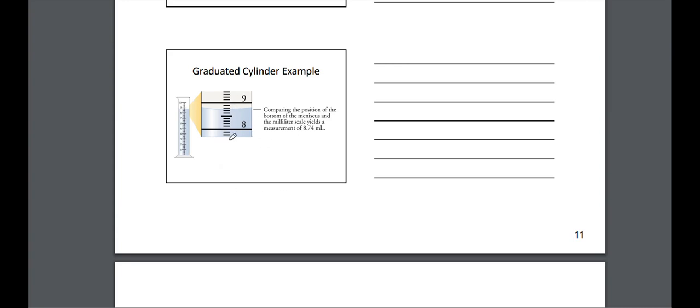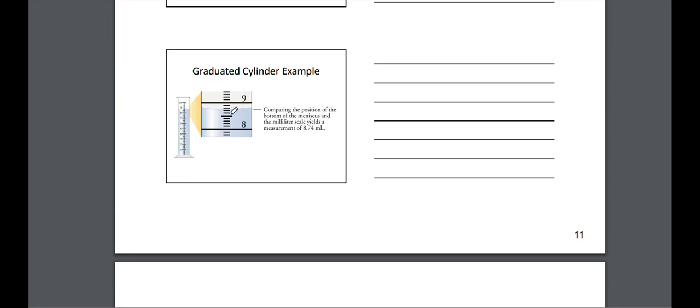So when I'm trying to read this meniscus right here, I can say with a high degree of reliability, since it's sitting between 8 and 9, it has not touched the 9 mark, that it is going to be 8 mL, correct? So my 8 mL in this case is my certain digit because I'm certain it is 8 mL. All right, let's look at the next one.